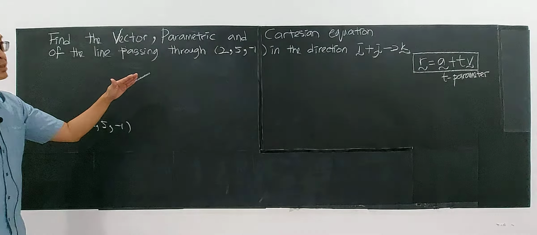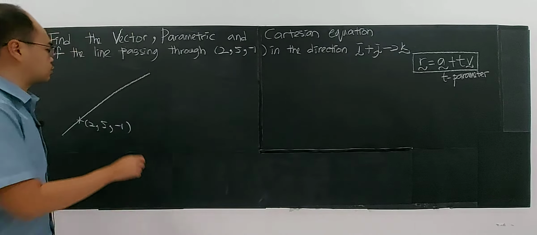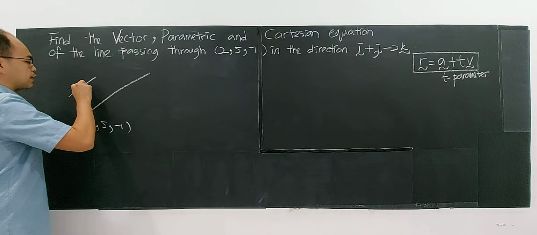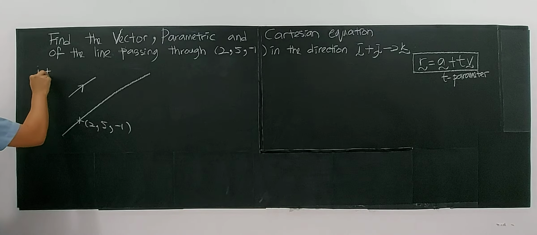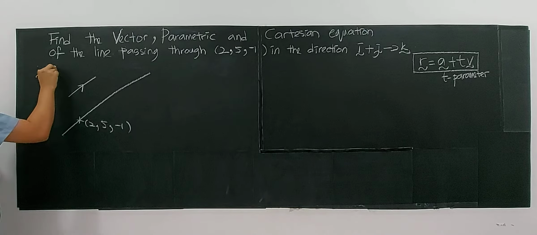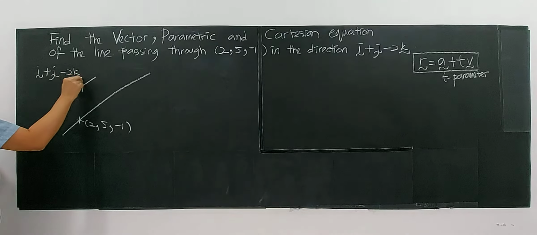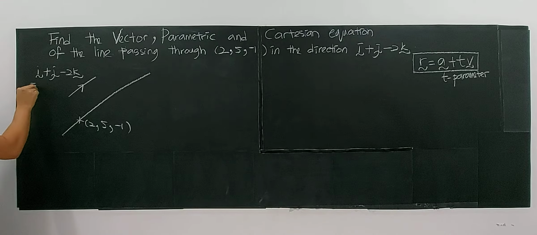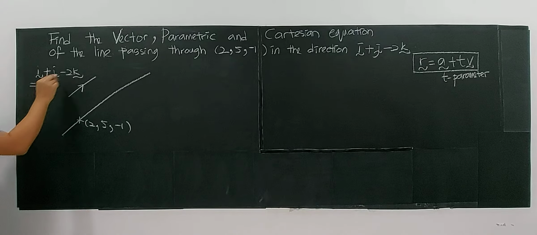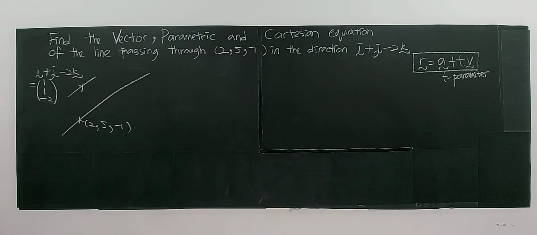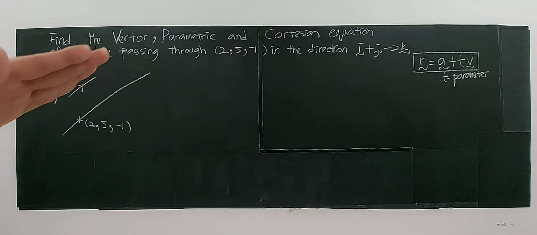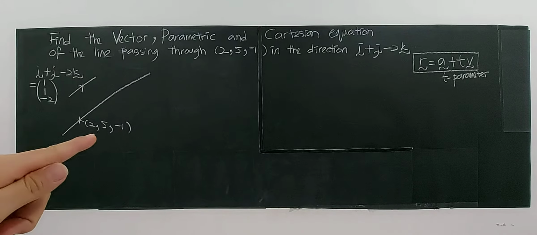And this line is in the direction i plus j minus 2k. I can rewrite this in column vector form: 1, 1, negative 2. This line is parallel to this direction, and we have a point here.